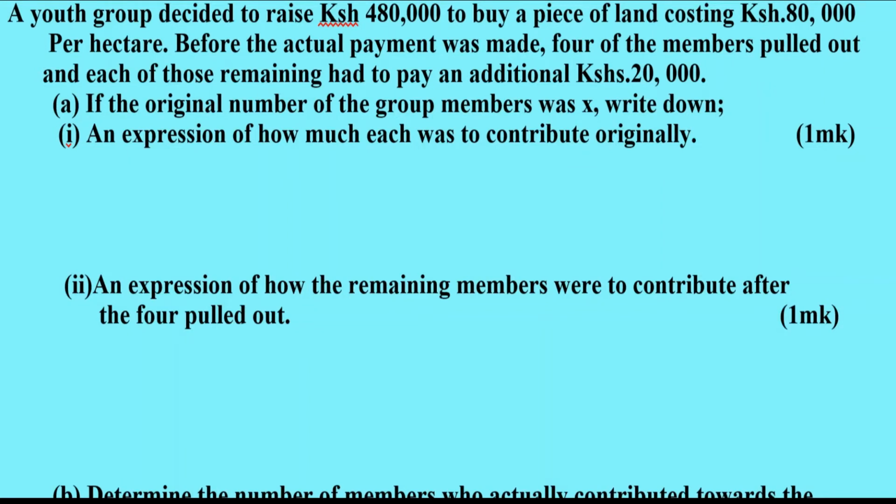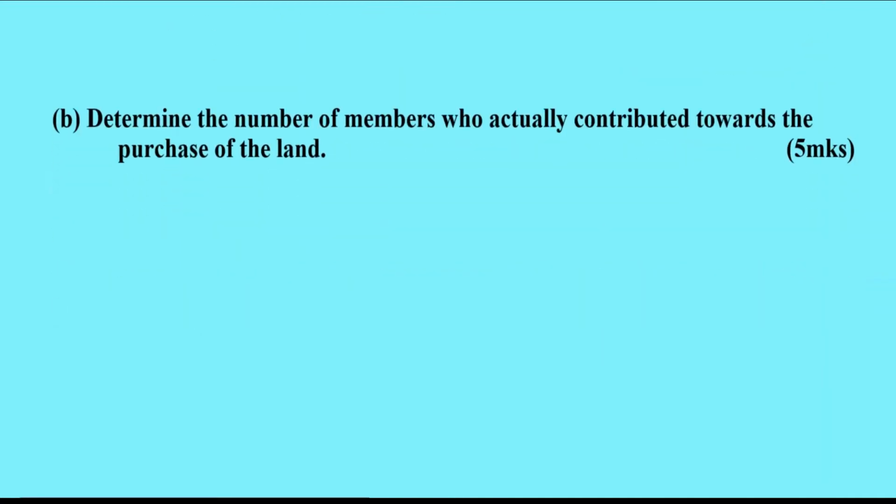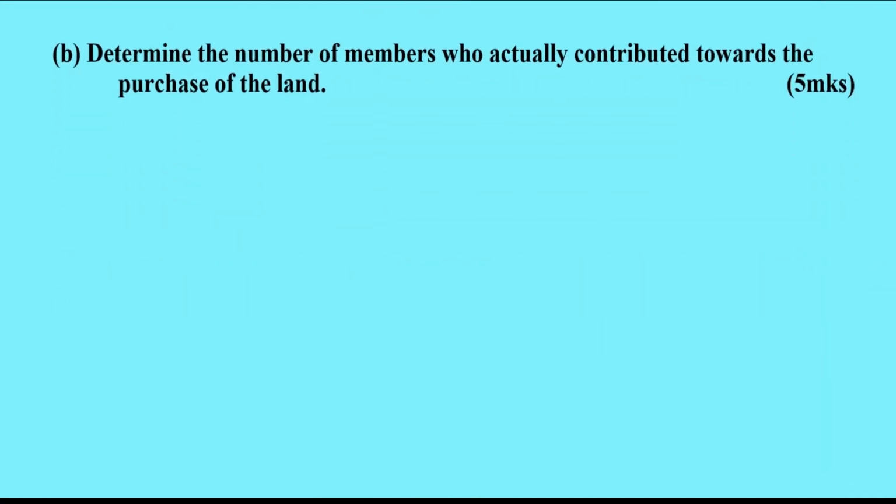Part A. If the original number of the group members was X, write down Part 1, an expression of how much each was to contribute originally. Part 2, an expression of how the remaining members were to contribute after the 4 pulled out. Then B, determine the number of members who actually contributed towards the purchase of the land.